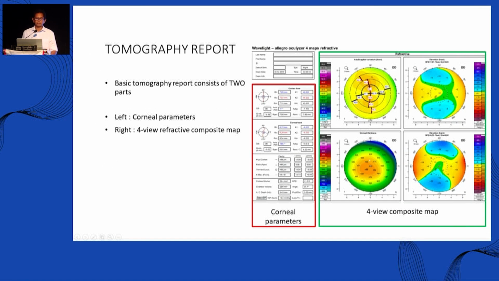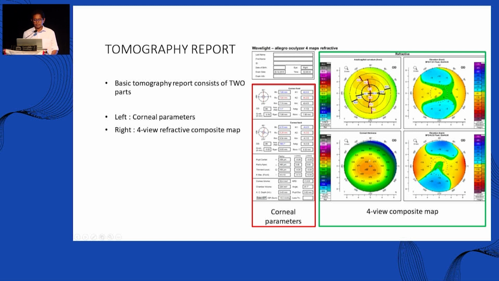This is a tomography report, a basic Pentacam report, which has 2 parts. This is the first page, which has the corneal parameters on the left-hand side, and the right-hand side has 4 maps. It's called the 4-map refractive composite map.